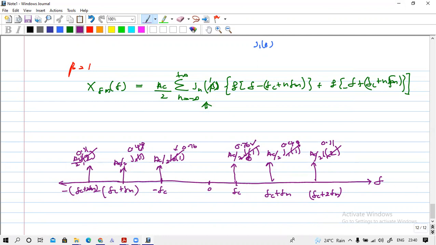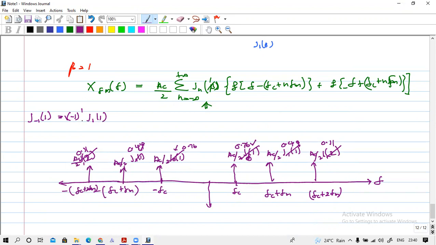And if you find fc minus fm, okay, can you remember that we have a minus value, no? Because J minus 1 is equal to minus 1 to the power 1 times J1, okay, according to that property.